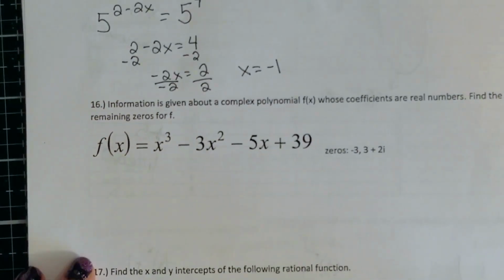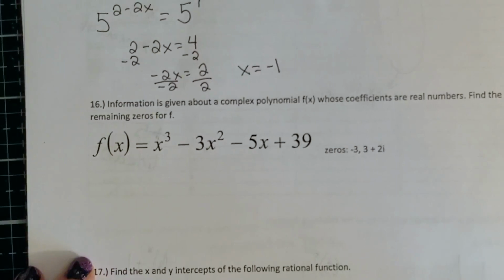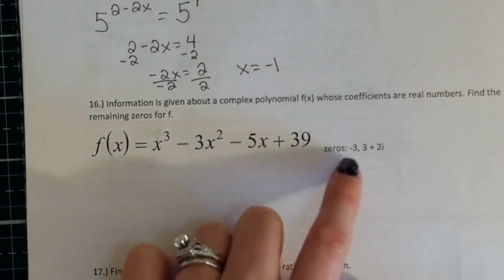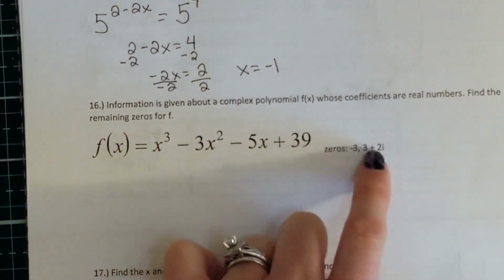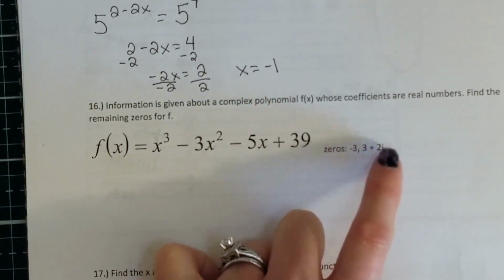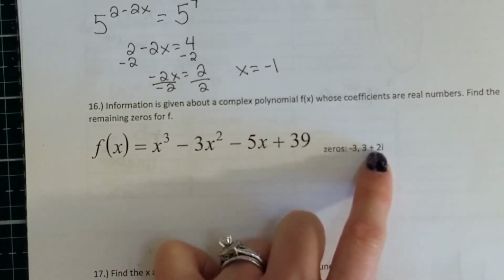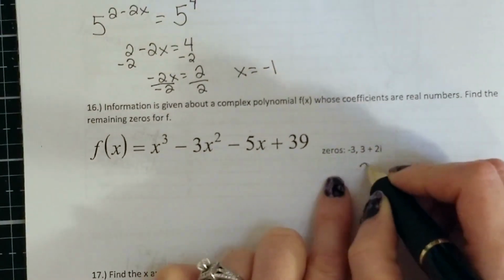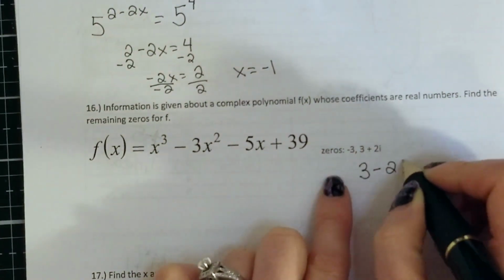Okay, 16. Information is given about a complex polynomial f of x whose coefficients are real numbers. Find the remaining zeros for f. So we have that the 0 is negative 3, and then we have a 3 plus 2i. So anytime you see an i, you know you need the opposite sign. So I know that a 0 is going to be 3 minus 2i.